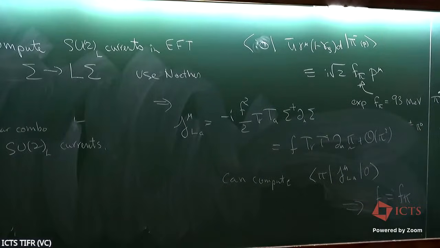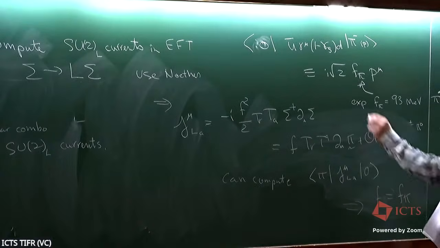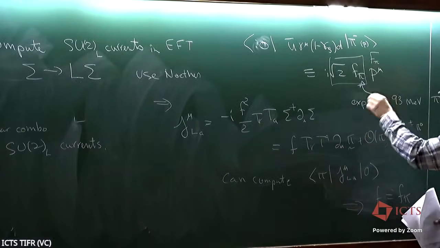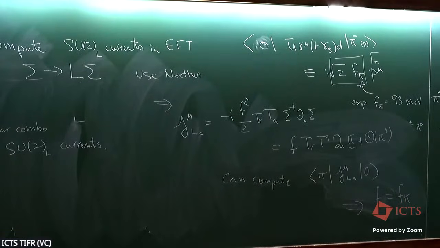You'll find that different authors have different conventions. Some people lump this together and call this F_π, which is then 130-something MeV. So you have to be careful to find out which F_π they're using.